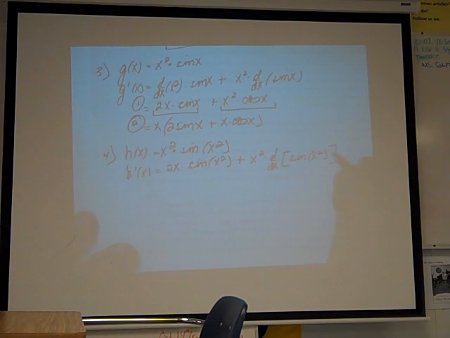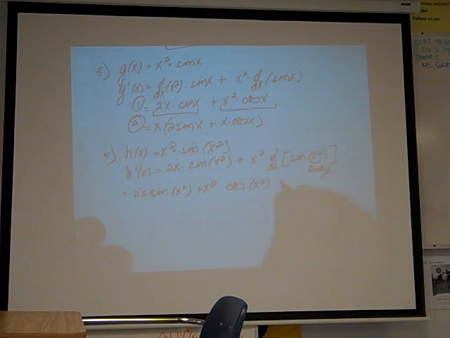If I'm going to take the derivative of sine of x squared, that x squared is the baby. So right now I'm just going to rewrite everything else. 2x sine of x squared plus x squared times the derivative. The derivative is, using the chain rule, you take the derivative of the mama, so you're going to get cosine, leave the baby alone, times the derivative of your baby.